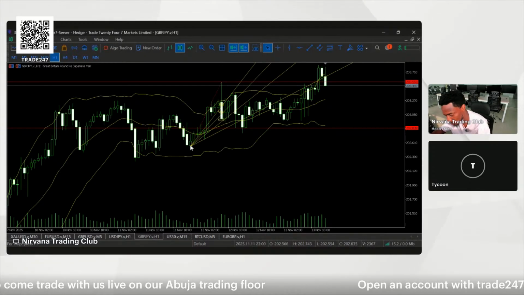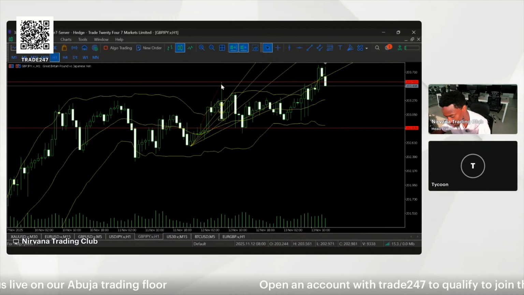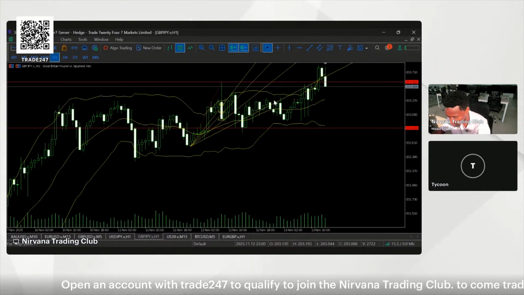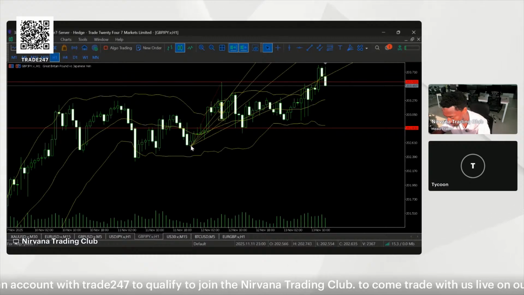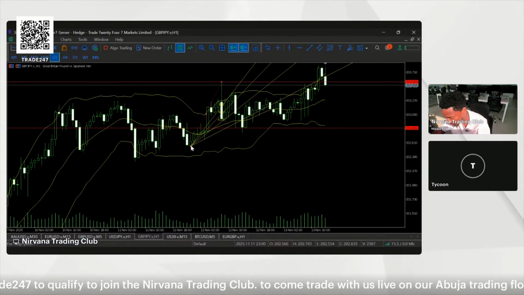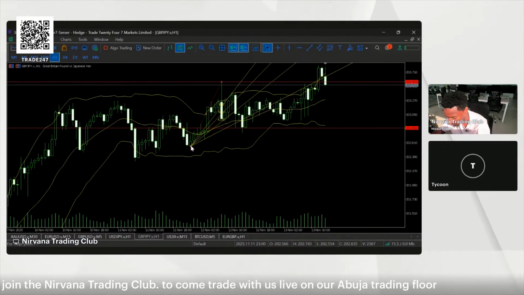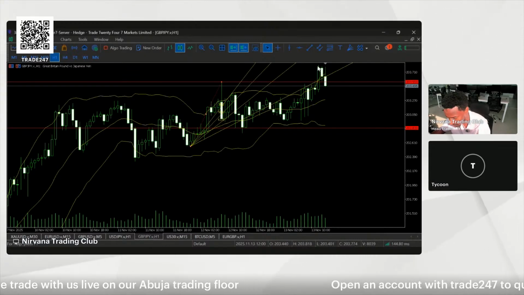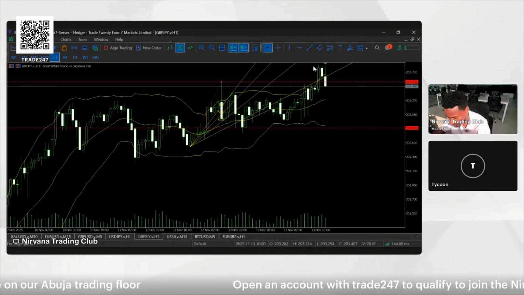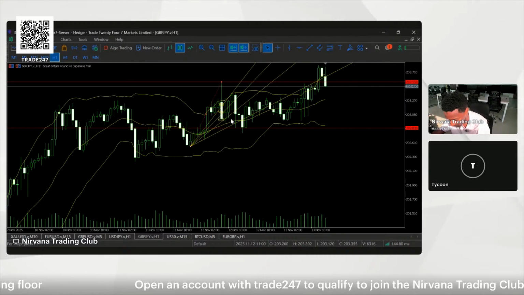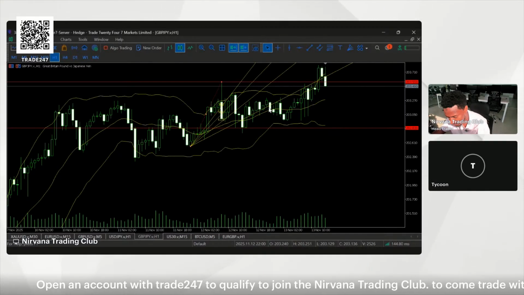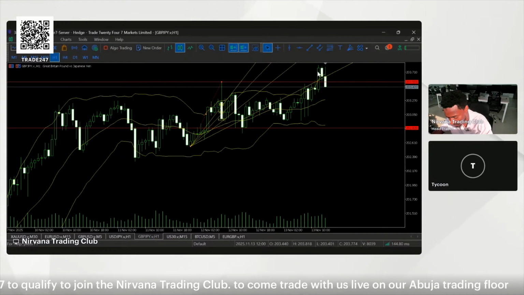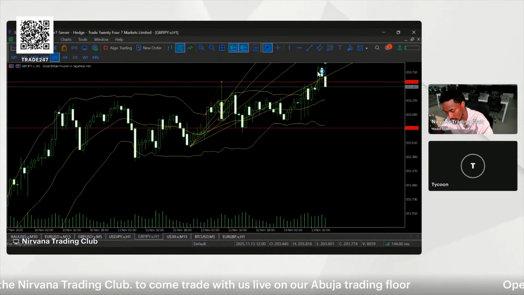Plotted this, and it retraced into this level. It wasn't sharp enough, but definitely it pulled up and gave an opportunity for a buy continuation, and now it's declining. So let's see where we can come in on this one as well.